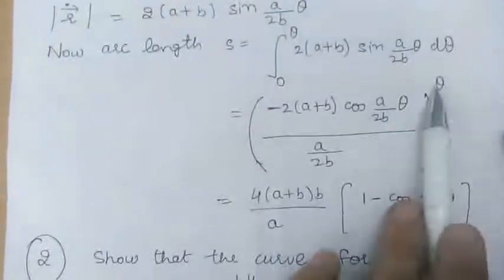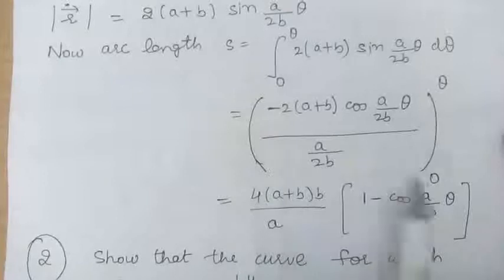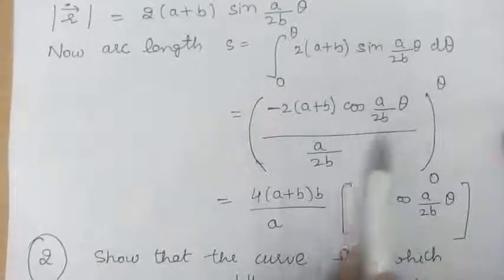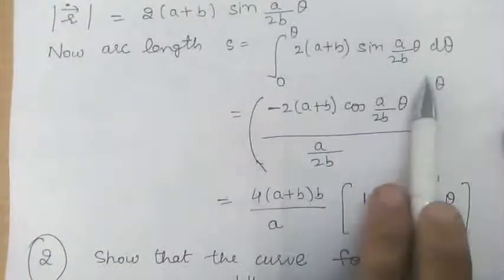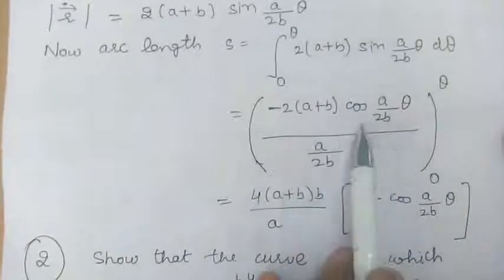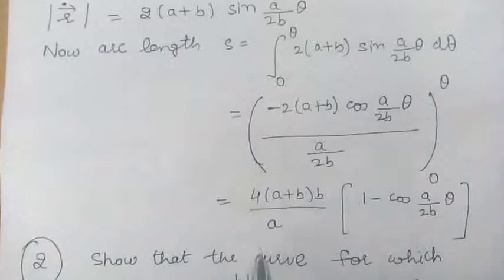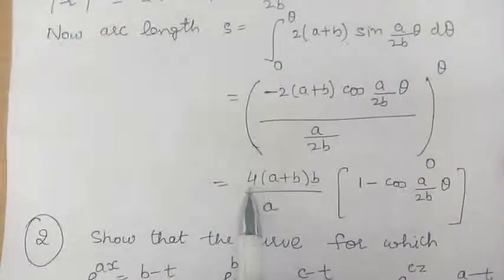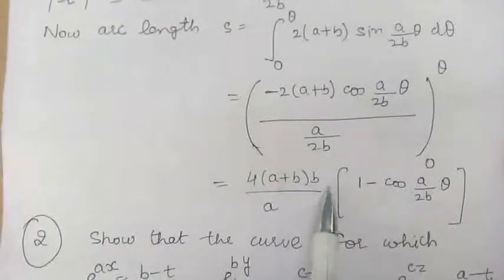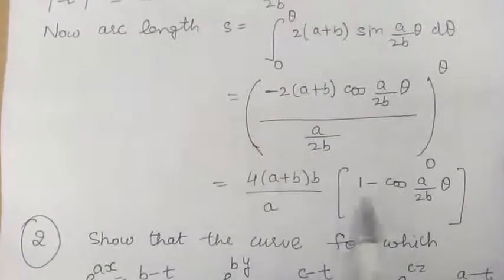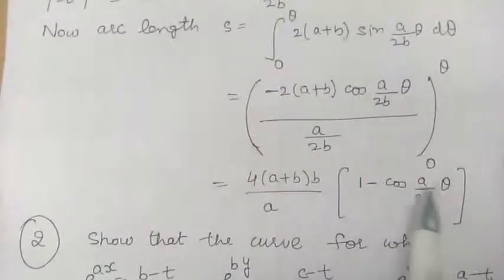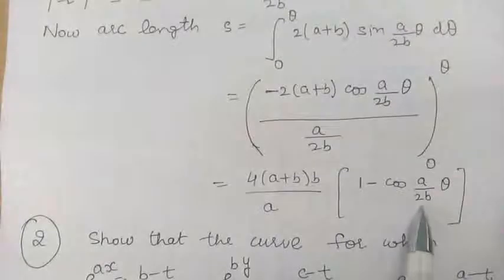After substituting the limits, at 0, cos 0 becomes 1, and if we put theta, it remains as it is. So we finally get the arc length for the epicycloid, which is given by 4 (a plus b) b upon a into (1 minus cos of (a theta upon 2b)).